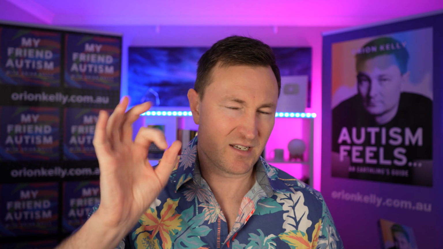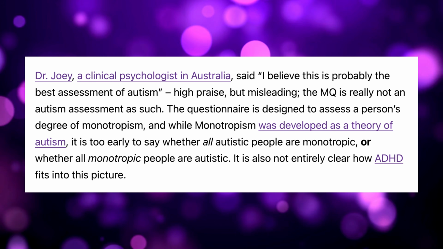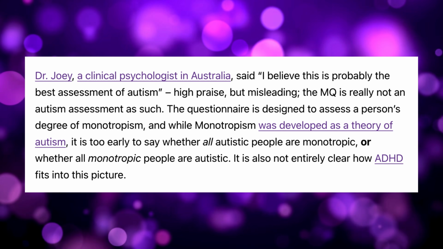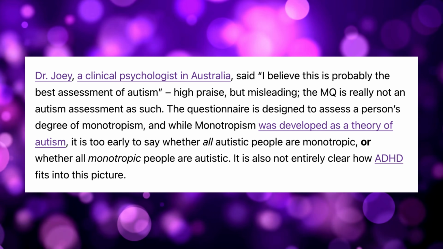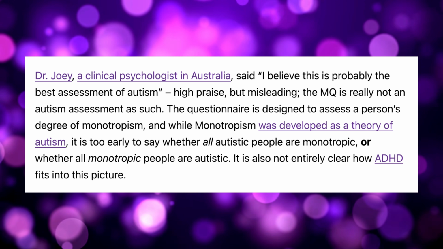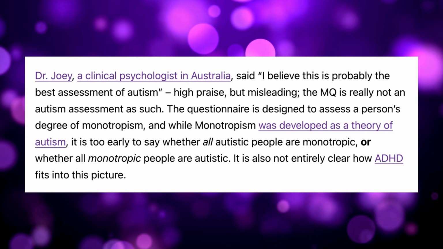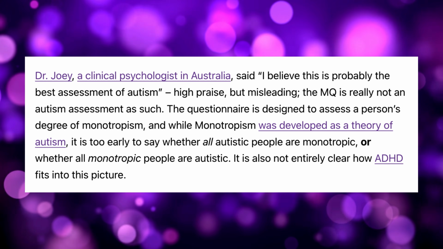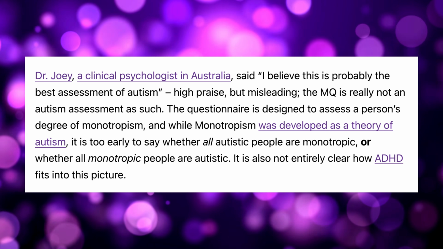Okay, so there's some of the disclaimers, and other disclaimers from one of the creators behind this, Fergus Murray, who says, the MQ is really not an autism assessment as such. The questionnaire is designed to assess a person's degree of monotropism. And while monotropism was developed as a theory of autism, it is too early to say whether all autistic people are monotropic or whether all monotropic people are autistic. It's also not entirely clear how ADHD fits into this picture.